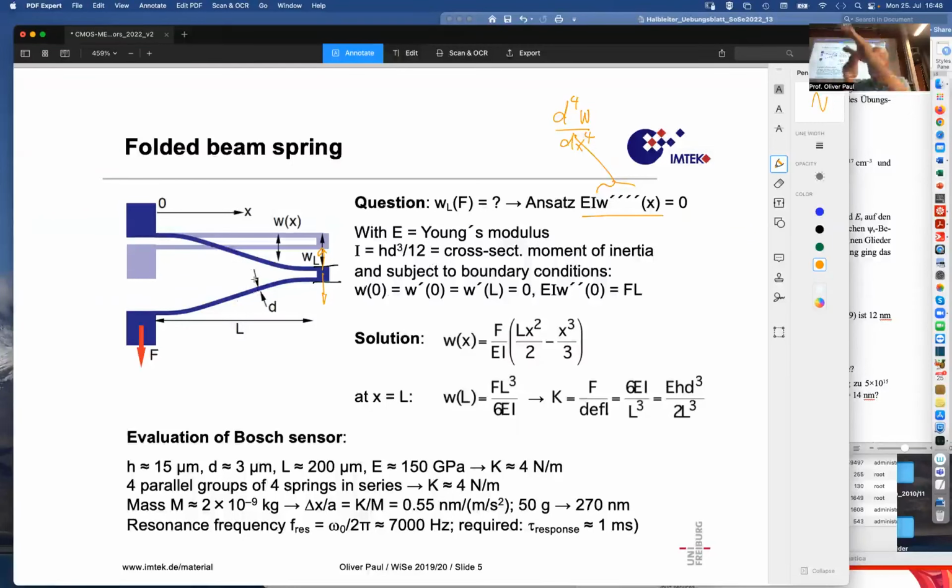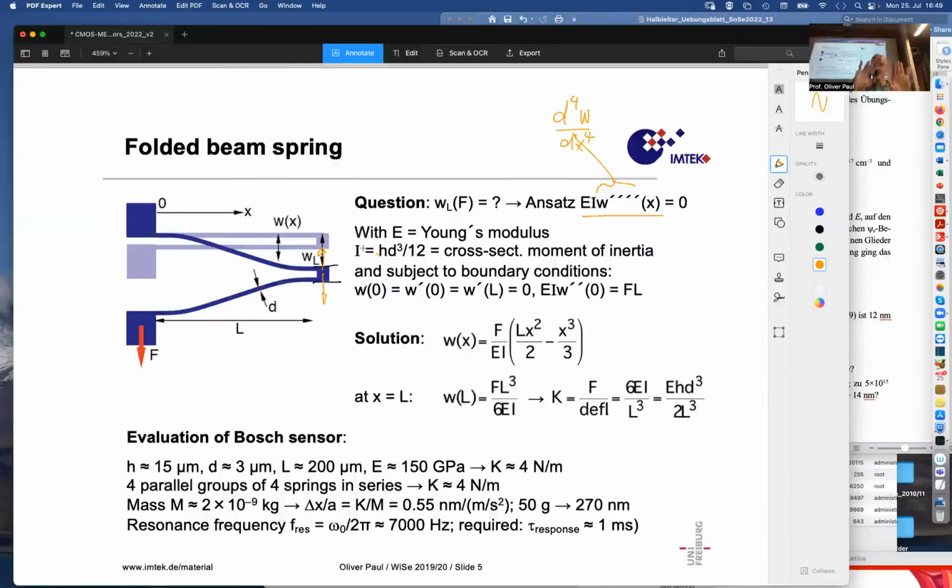D is the thickness of this structure that is being bent. It's the bending thickness, or the thickness of the material in the plane of the bending. And H is the thickness of the material out of the plane of the structure.